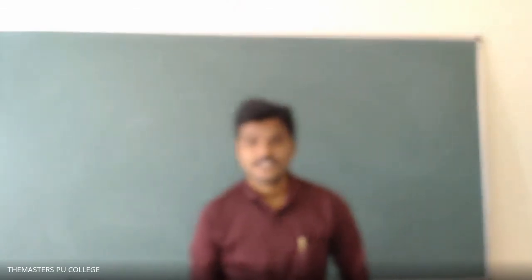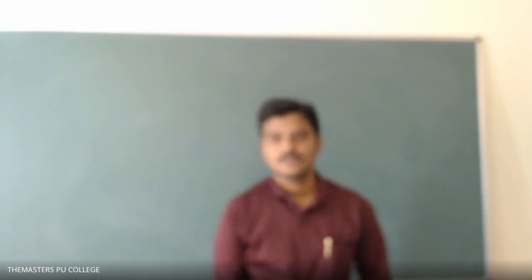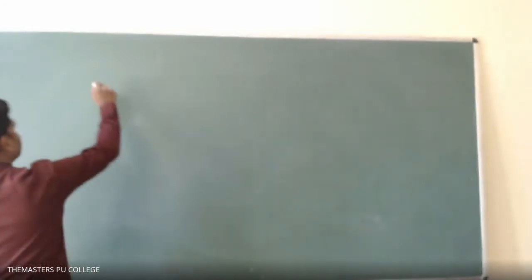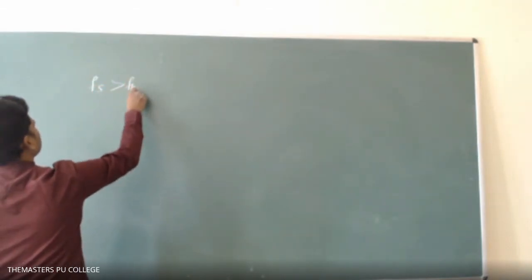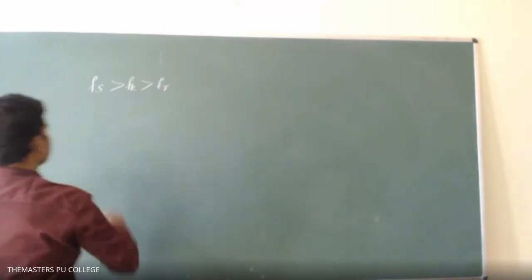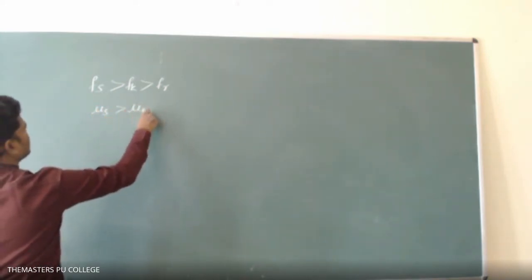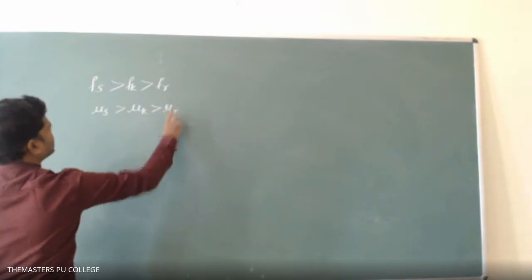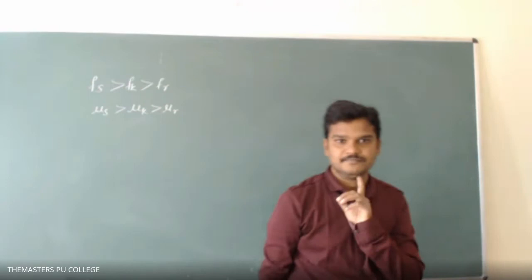Coefficient of static friction, coefficient of kinetic friction, and coefficient of rolling friction. Anyhow, we know the relation between the three frictions: Fs greater than Fk greater than Fr. This we covered in the last session. And written as mu s greater than mu k greater than mu r. Okay, up to here I covered in the last session.